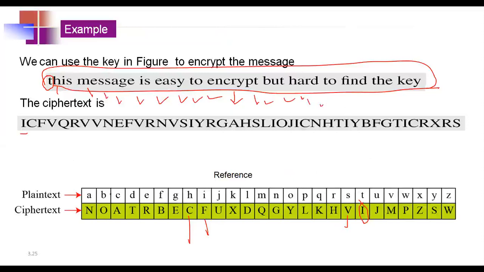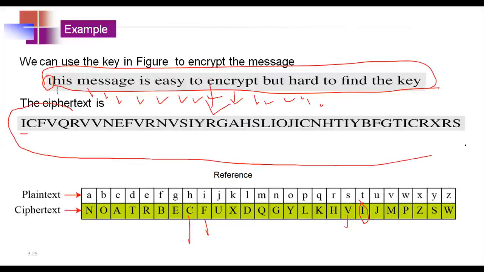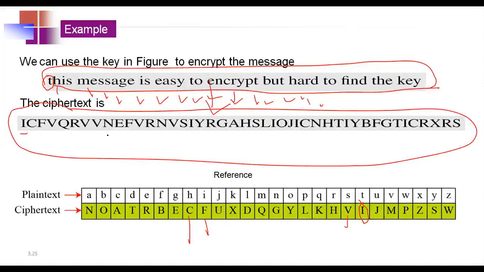So by using this table, I replaced each and every character in the plain text with the mapped characters of the ciphertext. So this is the ciphertext, the secret message for this plain text.